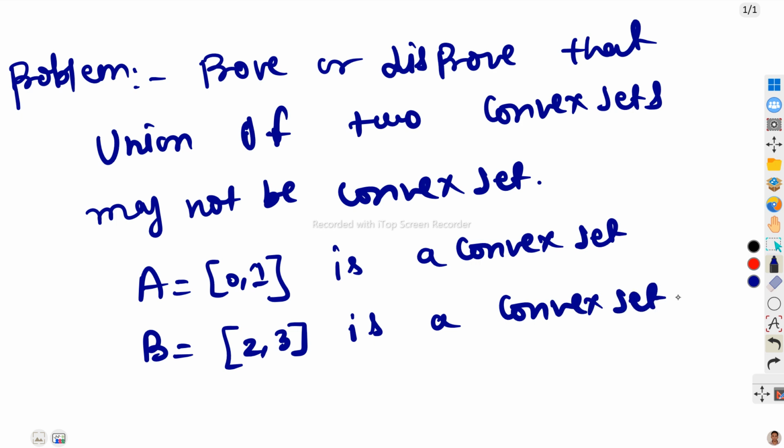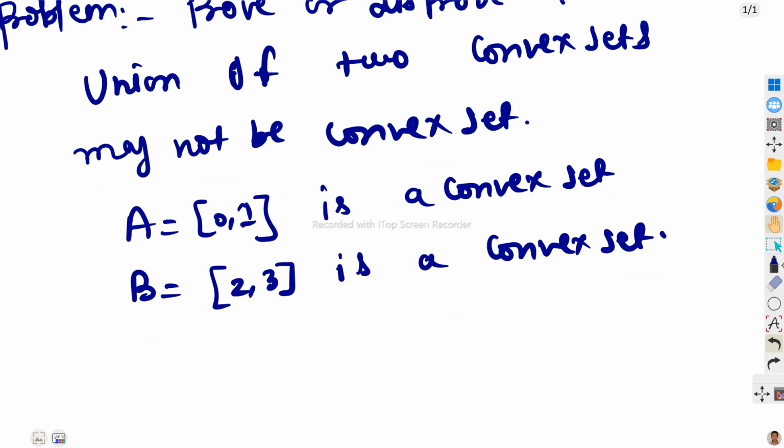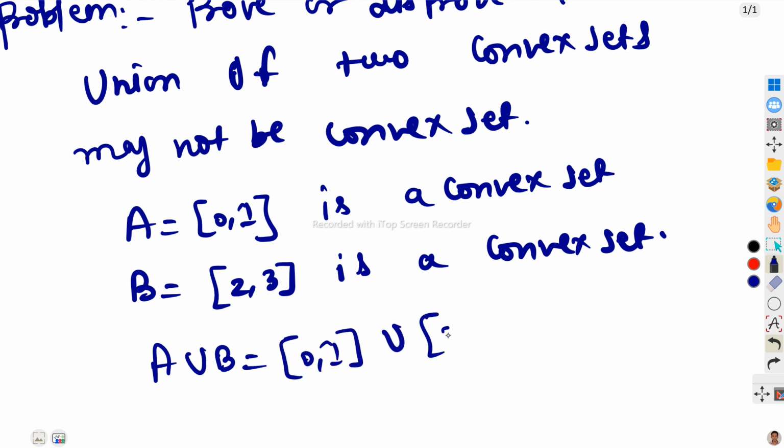If we join any two real numbers by lambda and 1 minus lambda, this lies wholly in A and B, so these are convex sets. This is trivial, and what we do again is A union B equals 0 to 1 union 2 comma 3.